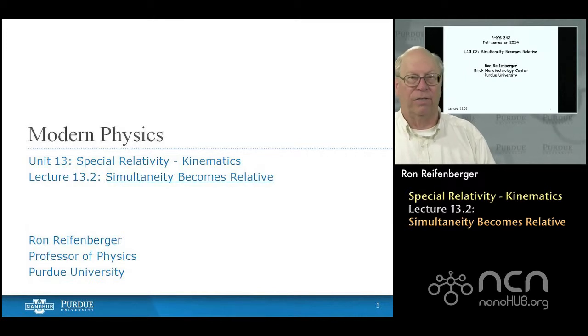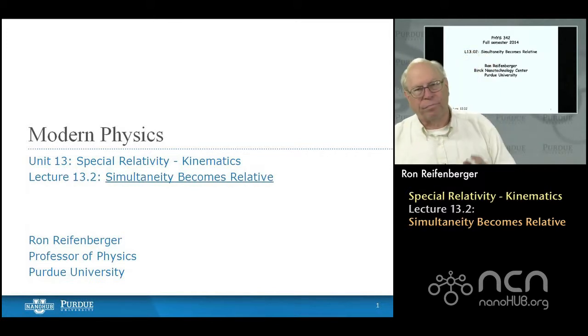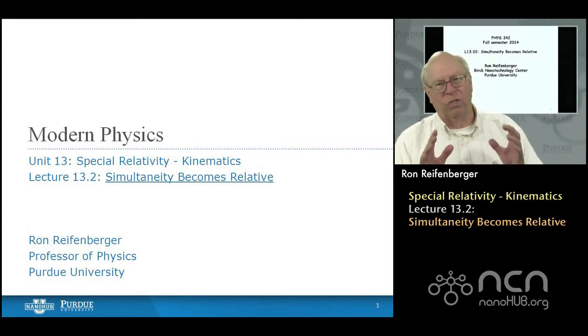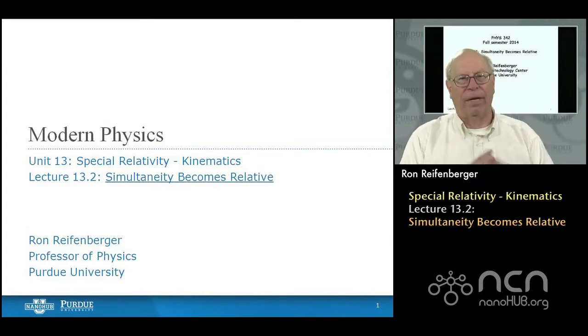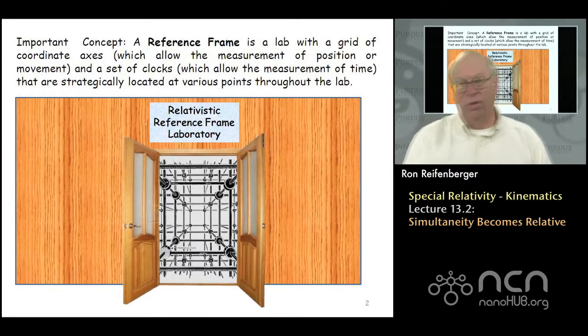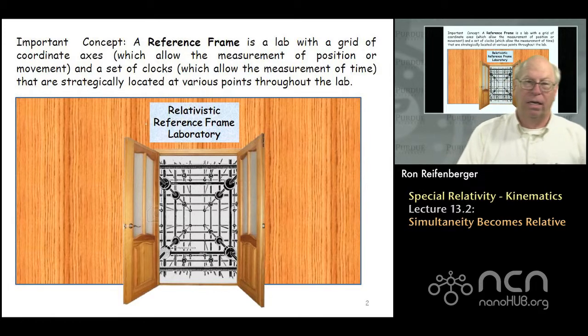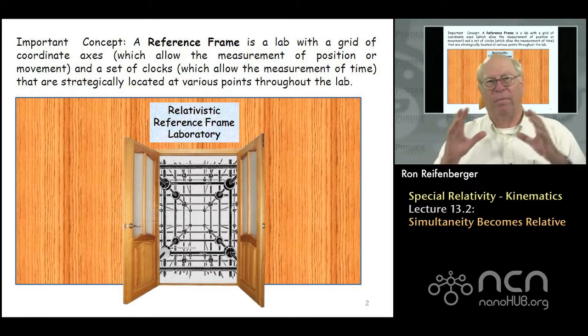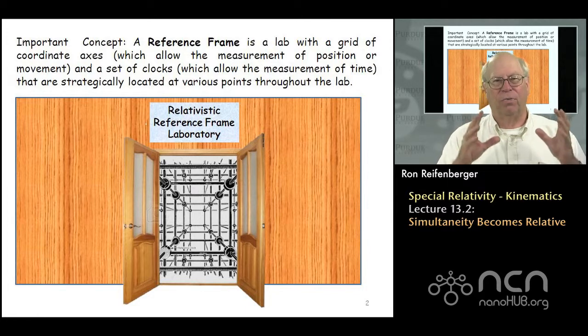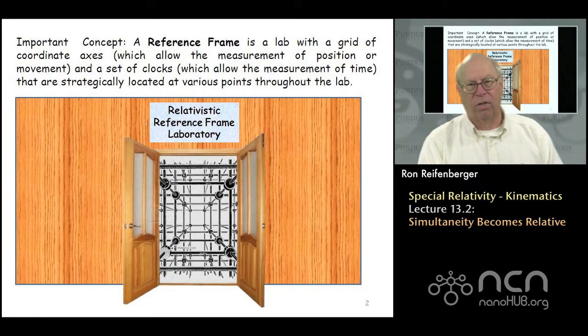Now, these measurements that we're talking about are rather complicated, and to make them you're going to need to go to a special lab. That special lab is going to contain a reference frame. You have to sit back, close your eyes, and imagine what this reference frame lab might look like.